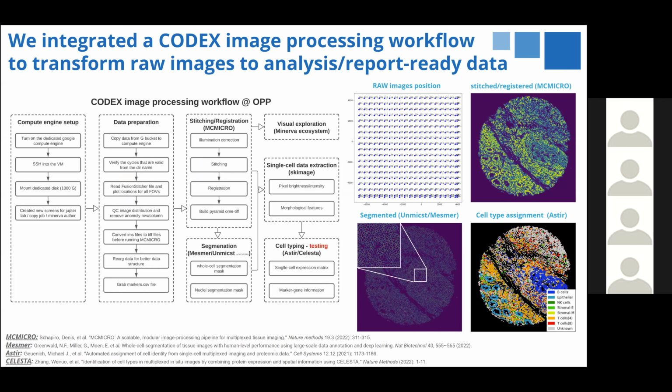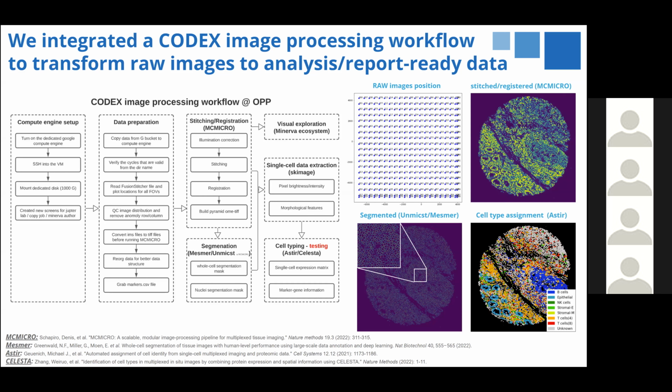To do that, we integrate our own CODEX image pipeline, including computing engine setup, data preparation, stitching, and registration using MC Micro, developed by Peter Sauger's lab, led by Dennis Shapiro, segmentation using Mesmer or Omics, and cell type assignment using Aster or Celesta, which I'm just trying to test recently. With this pipeline, we have processed about 30 tissue samples, a big part of that for the H10 project.